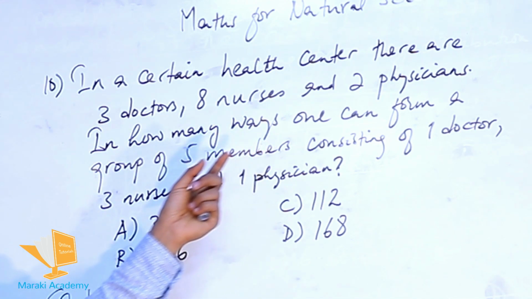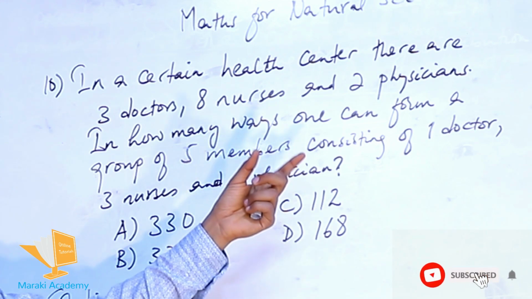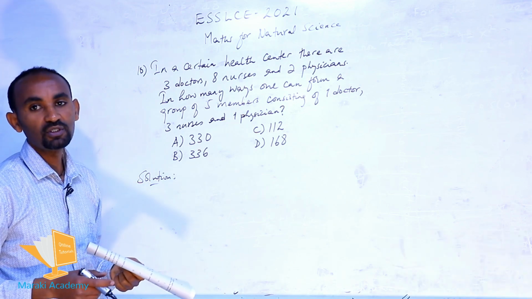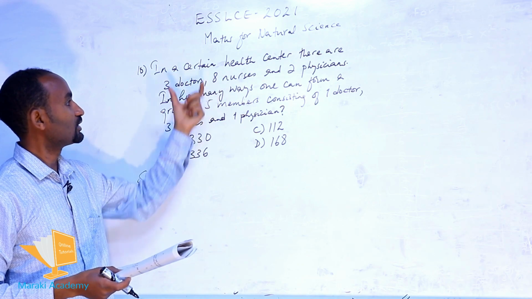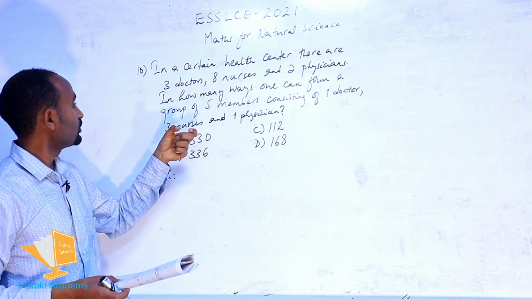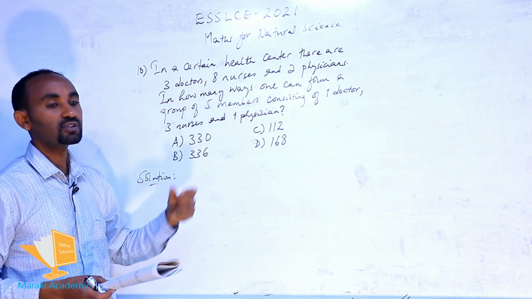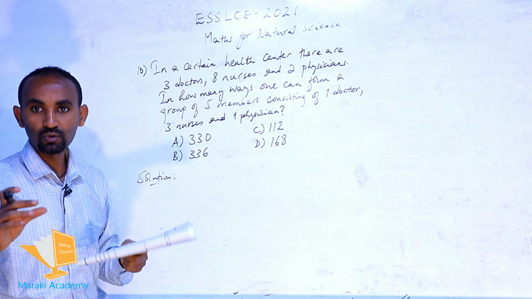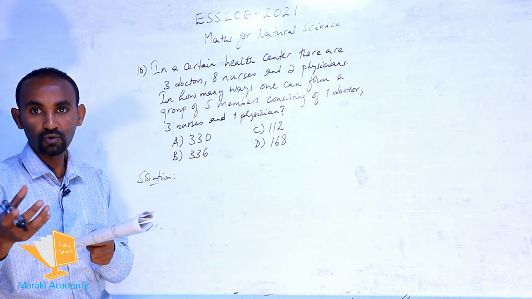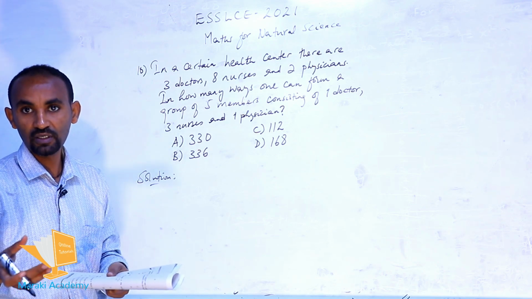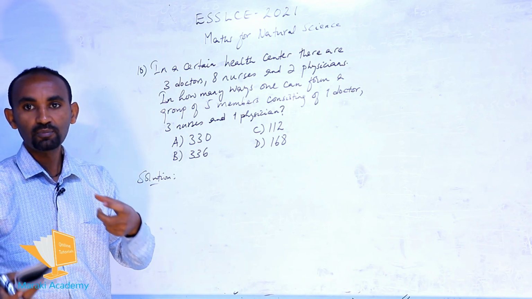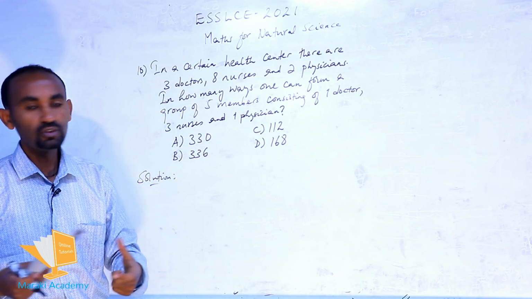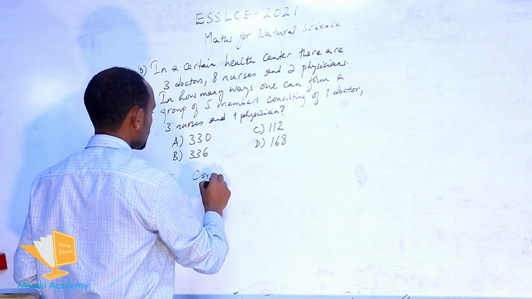In how many ways can one form a group of 5 members consisting of 1 doctor, 3 nurses and 1 physician? So this is a counting problem where counting principles apply. From the 13 professionals, we take only five, and among the five, one doctor, 3 nurses and 1 physician. In how many ways can we do this? It is a group we are forming; when one person in the group changes, it becomes a new group. So it is grouping, a combination, from permutation and combination. Position does not matter, so the idea is combination.